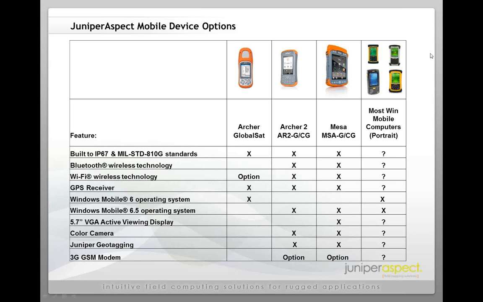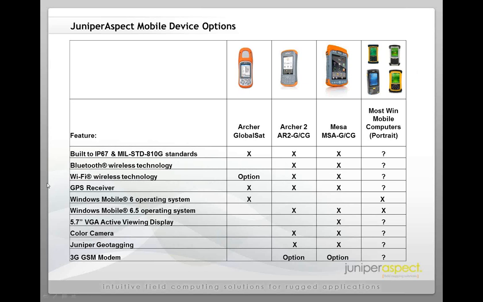So we invite our customers, if they already have mobile hardware, they can just simply run it on what they have. Hopefully, when they're ready to get new hardware, they'll come to Juniper for that.